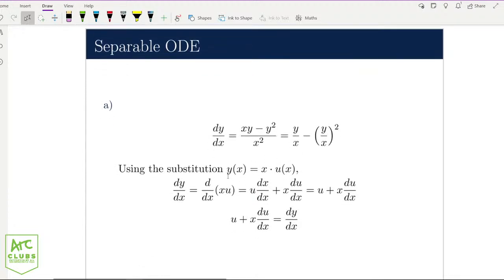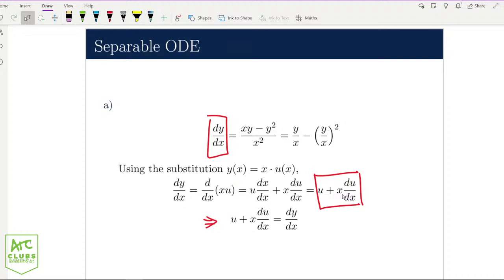So if we apply this substitution, y(x) is equal to x multiplied by u(x), then we can rewrite dy/dx into d/dx of xu, because we've applied the substitution over here, and then applying the product rule, we end up with this expression over here. So we can replace the left-hand side over here by this expression, which is what we did on the next line.